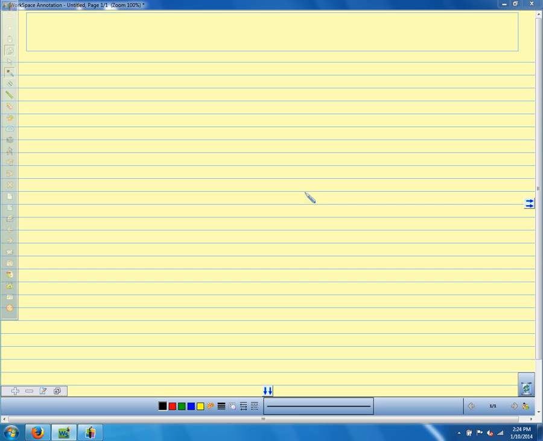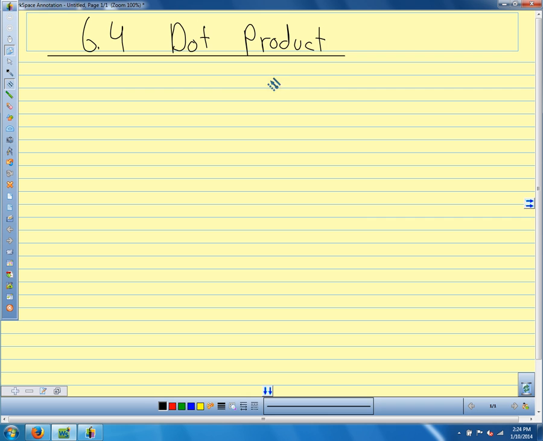So we're in section 6.4, and we're talking about the dot product, the second best way to multiply vectors. We'll get to another way to multiply vectors when we talk about three-dimensional vectors.